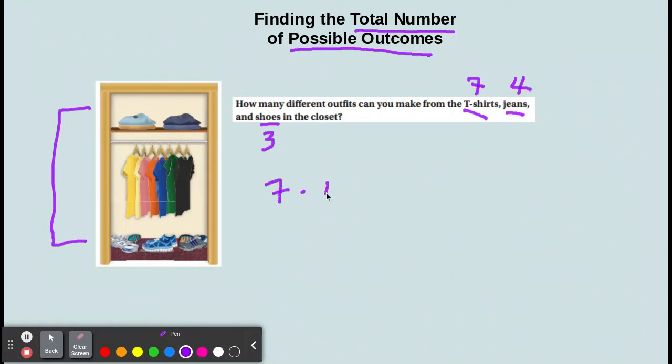We can multiply that by 4 pairs of jeans and multiply that by 3 pairs of shoes, which then should equal 84. So there are 84 different combinations we can create, unique combinations we can create using 7 t-shirts, 4 pairs of jeans, and 3 pairs of shoes.